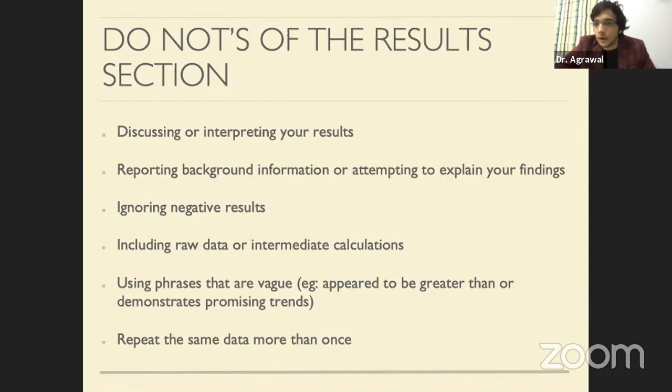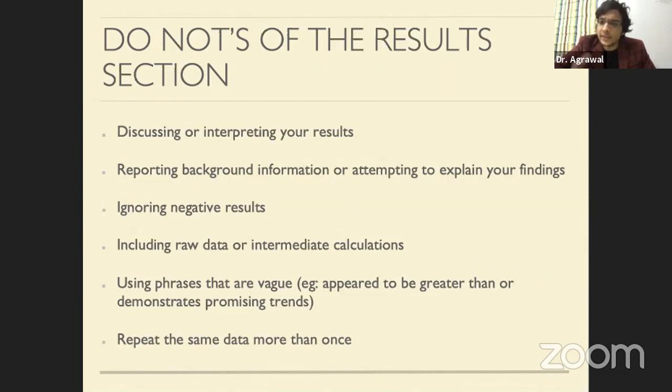Don't do that, because when another student or researcher is doing his background research and reads your article and sees that this person has already done this particular analysis and found that there is no correlation between these things, he will think, I should not waste my time going through the steps of research and conducting the whole study just to realize that there is no difference and that there is evidence for it before, right? So make sure you're not ignoring your negative results.